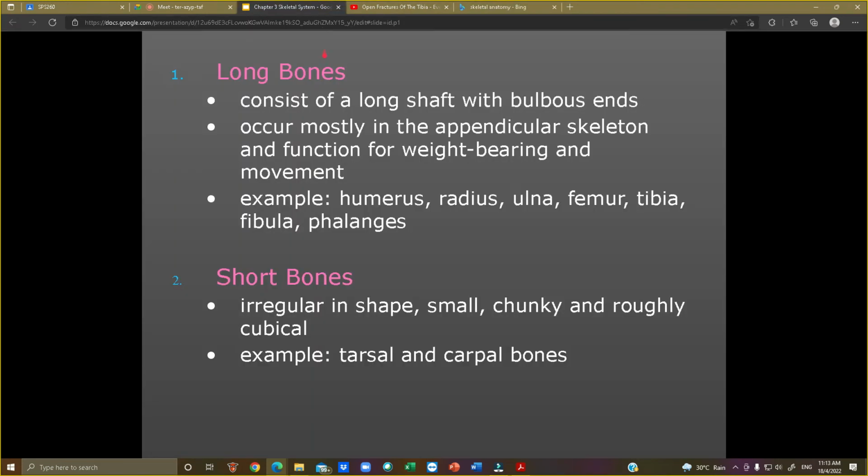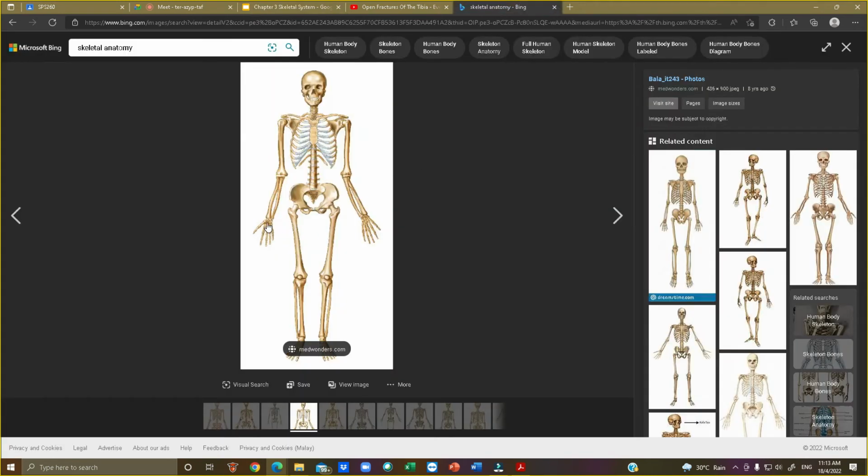Do you see long shaft here? No. Bukan long bone. Short bone, irregular in shape, small, chunky, and roughly cubical. Maksud irregular ni bentuk dia lebih kepada kepetakan. Contoh macam ni lah, tarsal, metatarsal, carpal, metacarpal. Dia kepetakan. Can you see kepetakan?